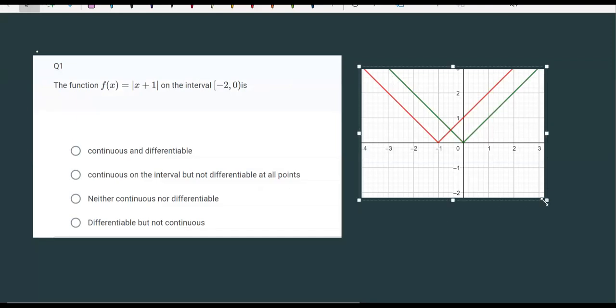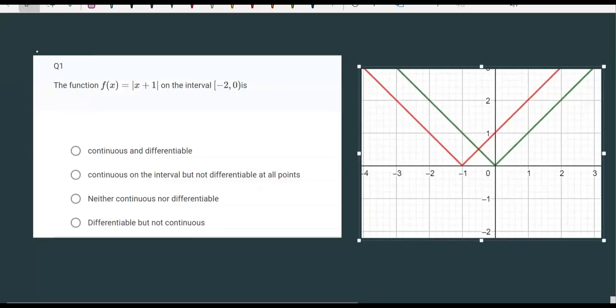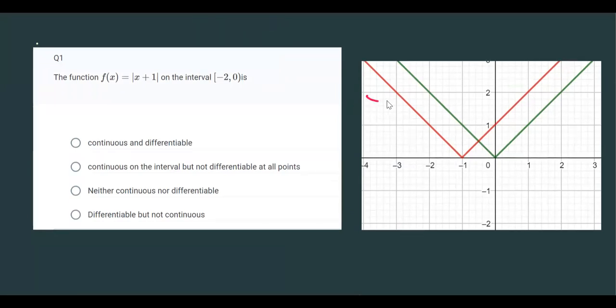This is the curve that we are dealing with, f of x equal to modulus of x plus 1, between -2 and 0. So this is the portion. Throughout it is continuous, but it is not differentiable at x equal to -1. So the answer is it is continuous on the interval, but not differentiable at all points.